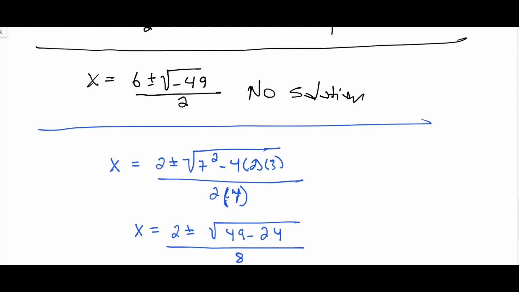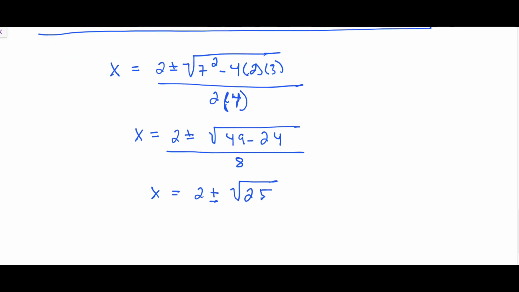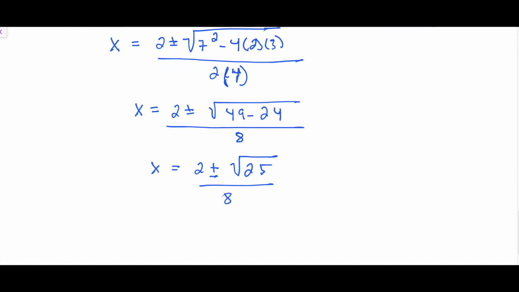So 49 minus 24 is 25. So x equals 2 plus or minus the square root of 25, which is 5, all over 8.